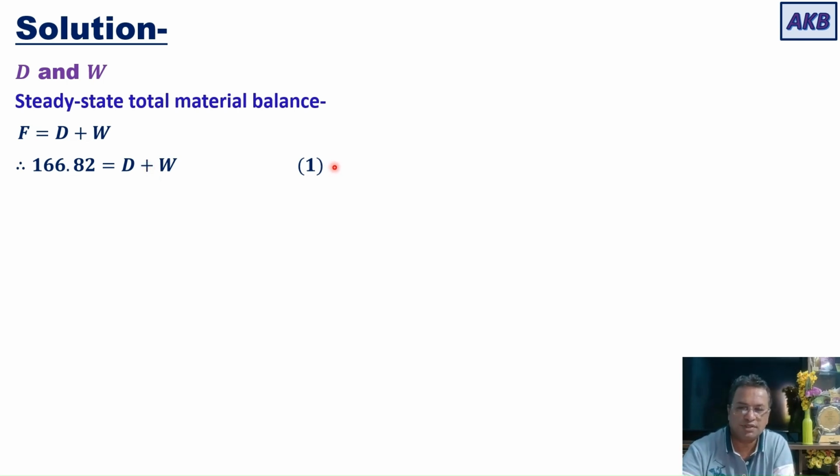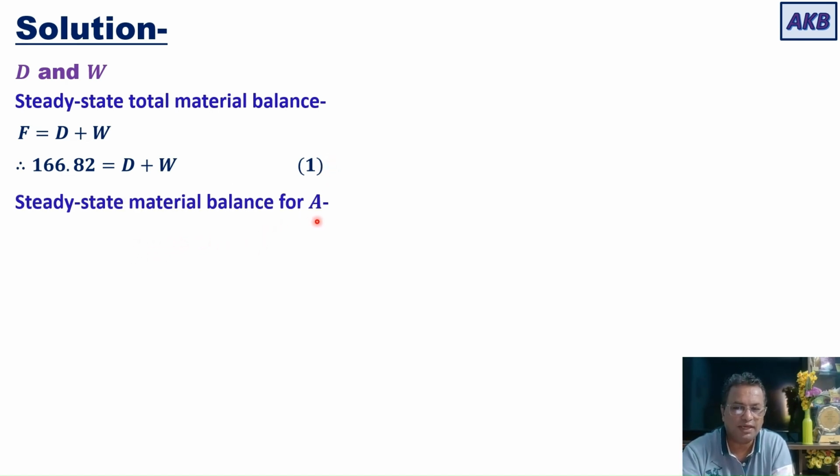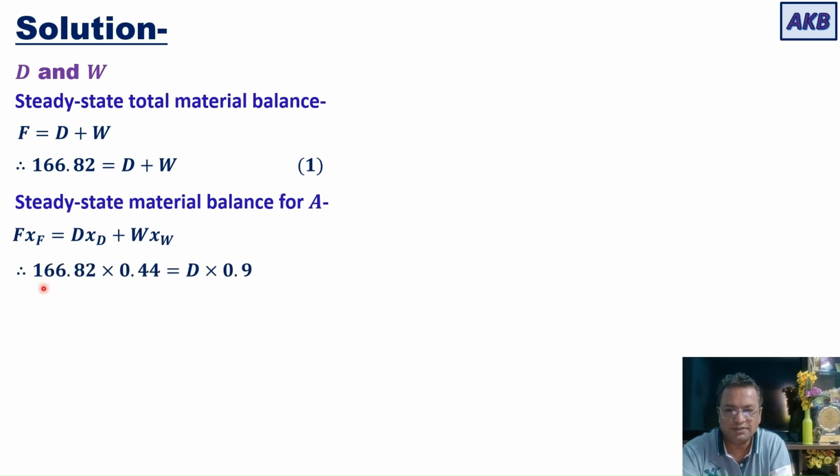Along with the steady state total material balance, I will be using the steady state material balance for A, that is, for the more volatile component. It will be F into XF is equal to D into XD plus W into XW. That is the total feed flow rate into the fraction of A, the total distillate flow rate into the fraction of A in it, and the total bottom product flow into the fraction of A in it. Feed is known, 166.82, the mole fraction in the feed is known, 0.44, that is equal to D, which is not known, but the mole fraction in it is known, so D into 0.98.